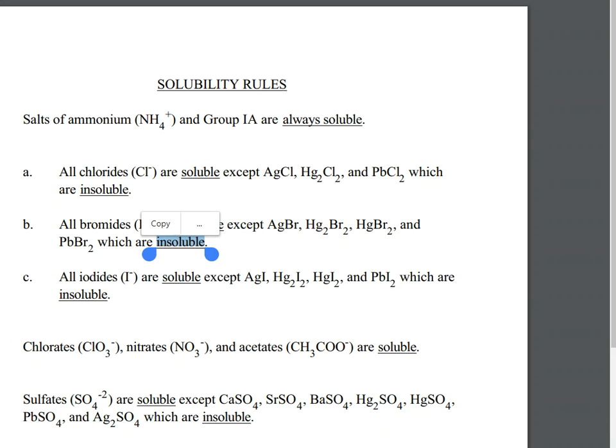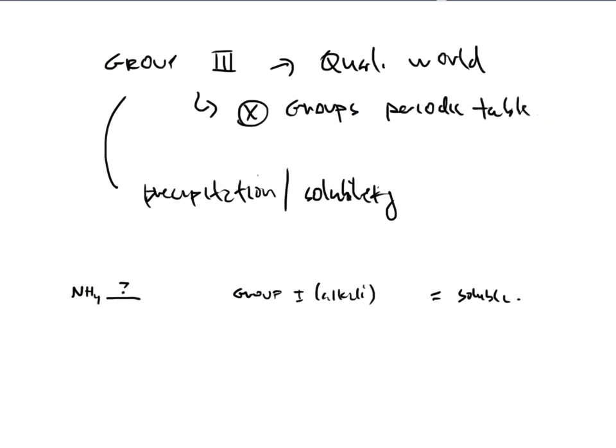Right there it is. Well, folks, welcome to Group 1 of the qualitative world. So silver, mercury, and lead are going to be regarded as Group 1 cations.